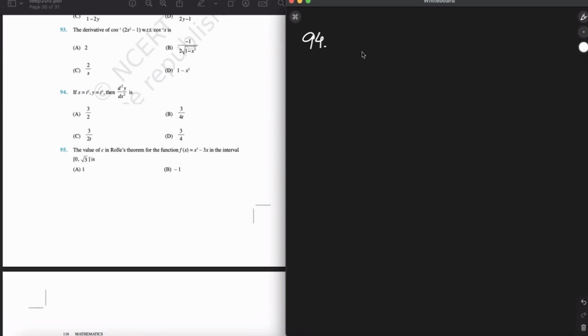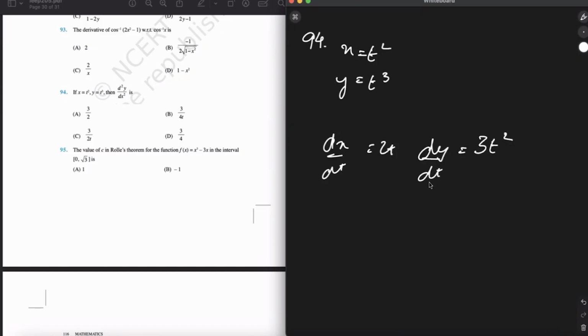Question 94. x is equal to t square, y is equal to t cube. Then we have to find d2y by dx square. So dx by dt will be 2t, and dy by dt will be 3 times t square.